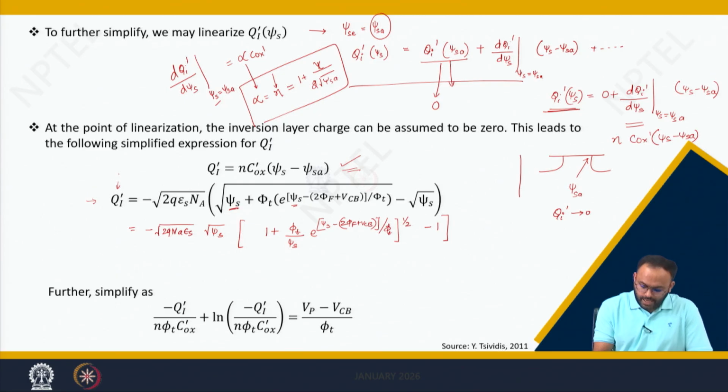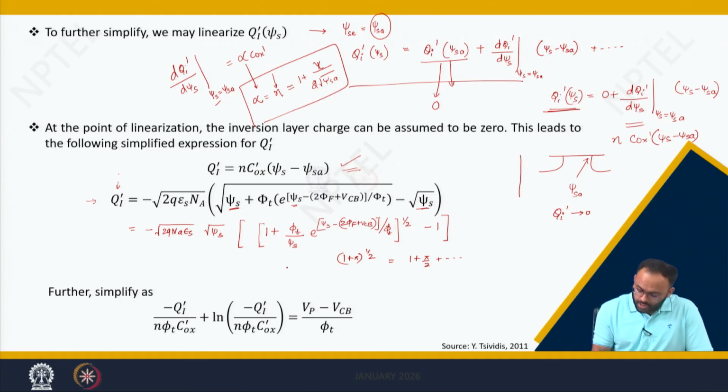I have just taken psi s common from both sides. If you do so, you will get 1 plus x to the power 1 by 2. This can be expanded as 1 plus x by 2 plus higher order terms, considering that x is small.